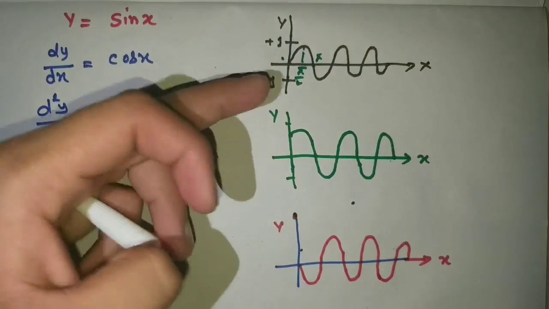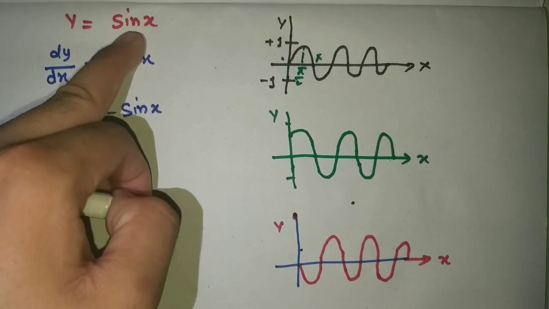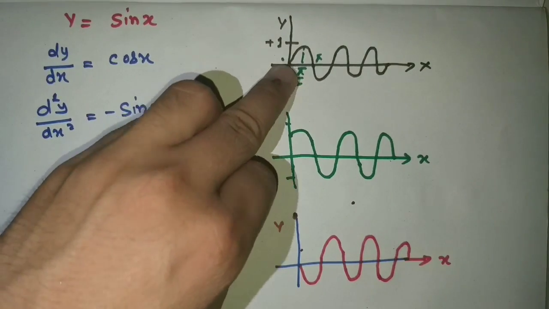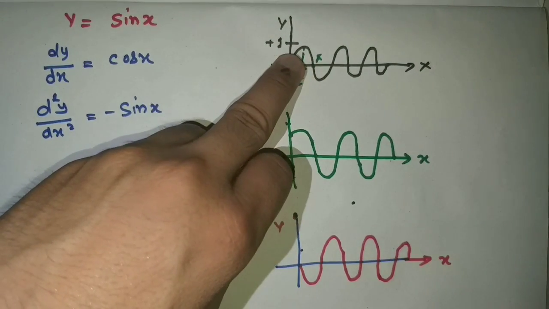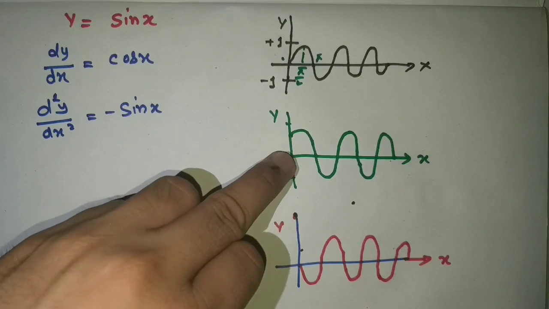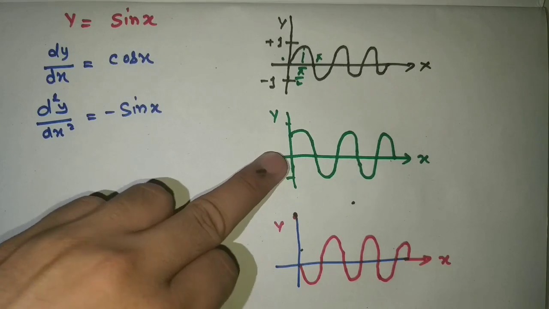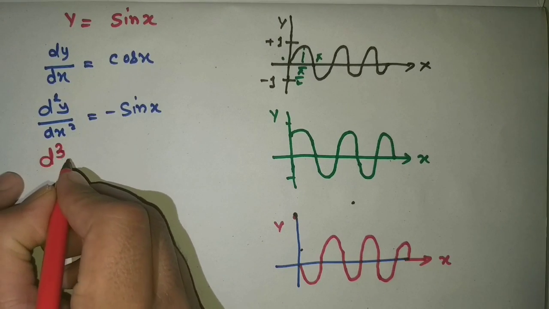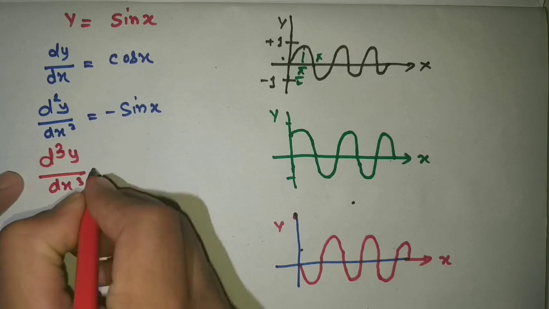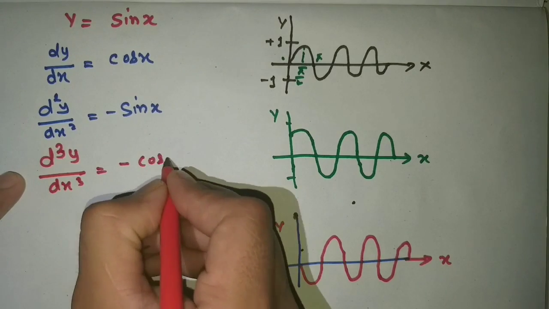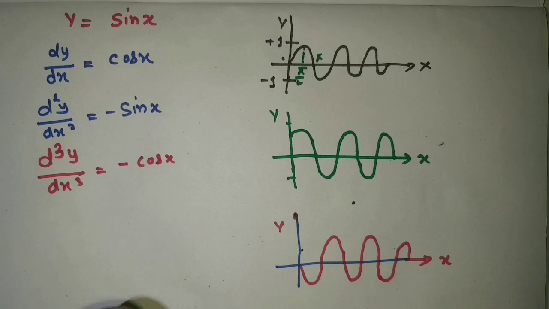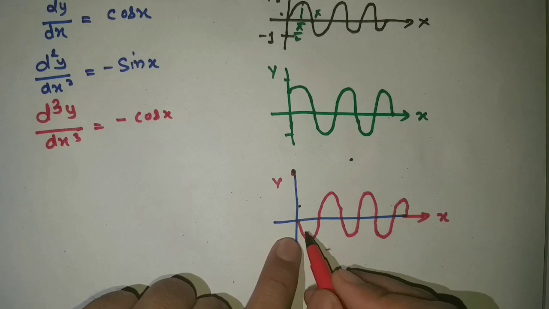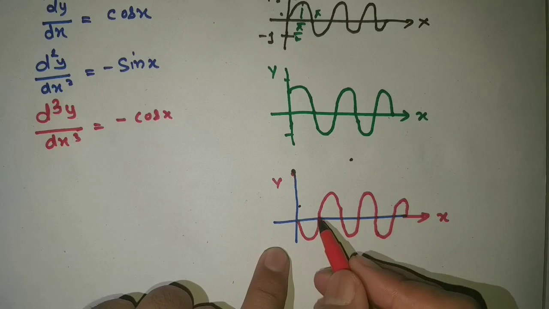If I keep differentiating the sine x with respect to x, it will be shifted by 90 degree. Once it is differentiated, it is shifted by 90 degree. Again, if I differentiate it with respect to x, it is shifted by 90 degree. Again, if I differentiate it, I mean the third derivative of this equation, it will be minus of cos x. So I will get the equation from here. The minus of cos x will start from here.